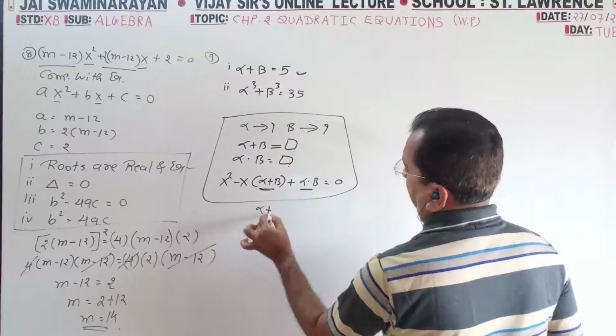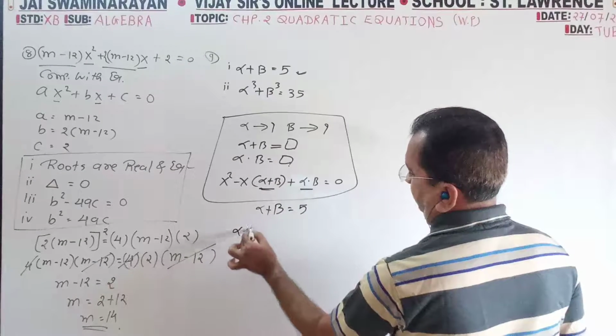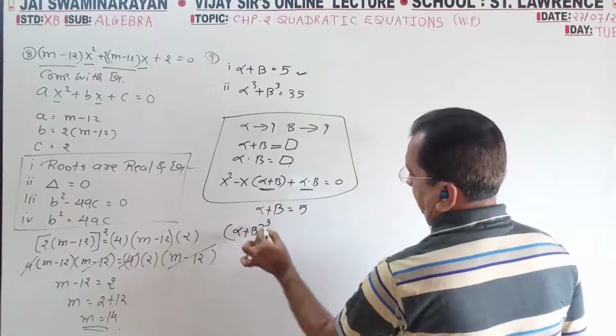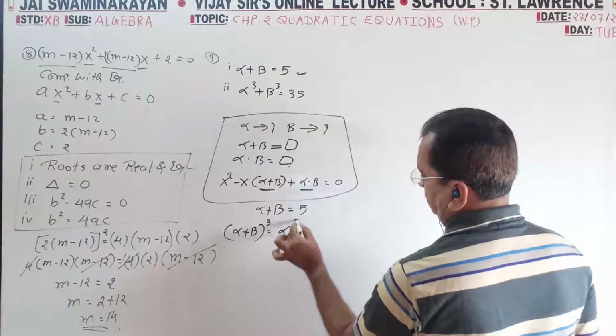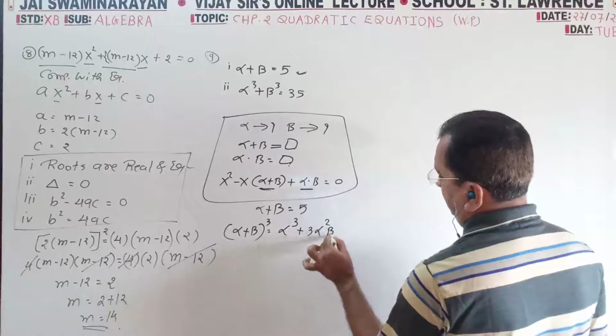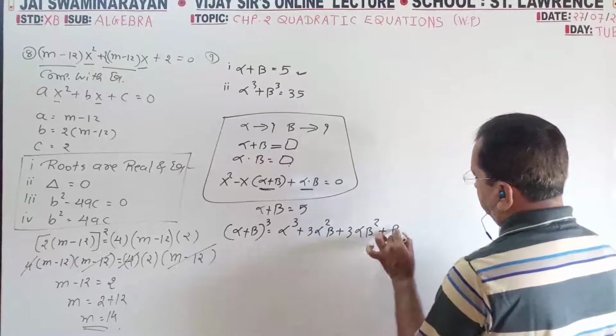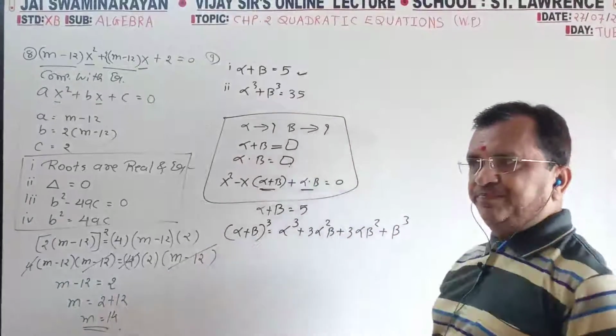Okay, now alpha plus beta is given. Fine. Now (alpha plus beta) cube, I am writing all the terms: alpha cube plus 3 alpha square beta plus 3 alpha beta square plus beta cube.